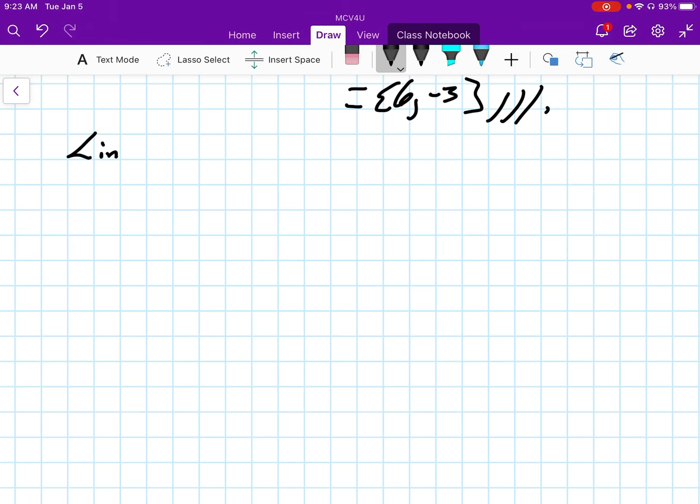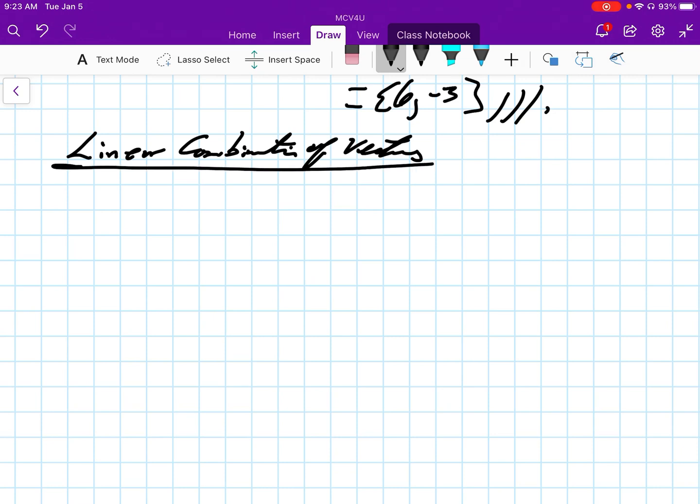If we just take a look at linear combination of vectors, this is the final thing we're going to do. We could just pick any old random vectors, okay? Let's say that we have the vector (2, 3).